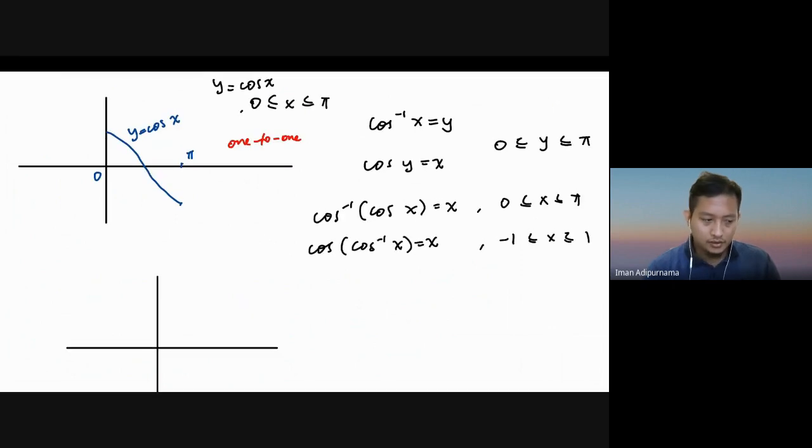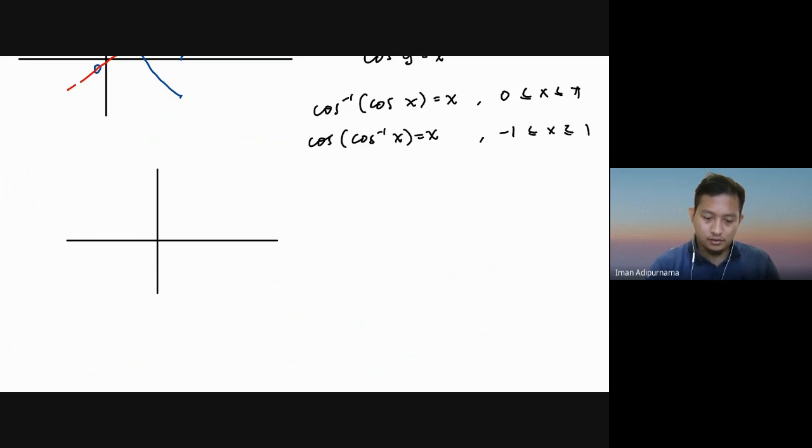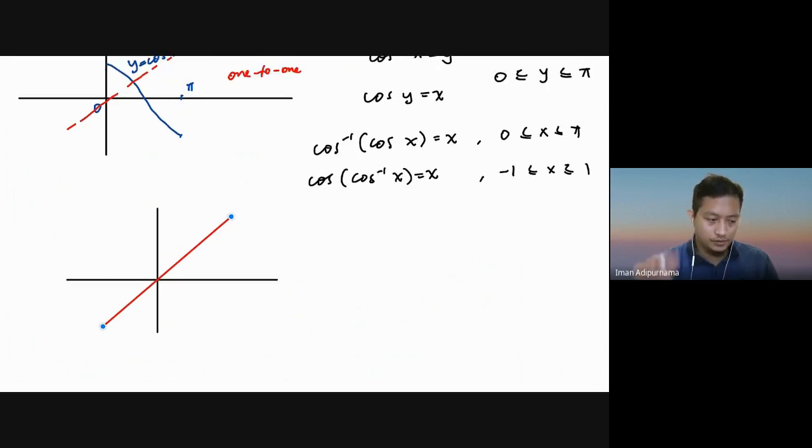okay, let's imagine from here, we can have the reflections there. So some part will be reflected to the left and some part will be reflected to the right. So let's say we have pi over 2, or maybe not there, maybe here.